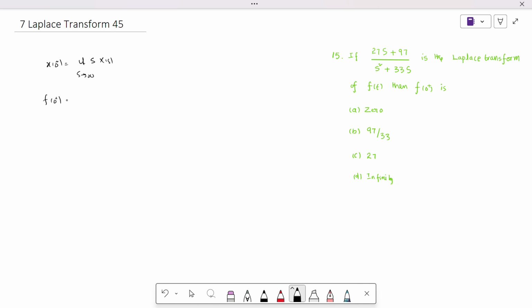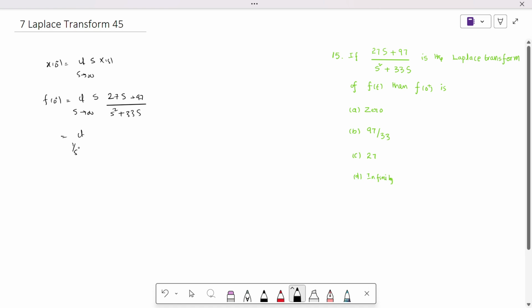Similarly, f of 0 plus equals the limit as s tends to infinity of s into F of s, where F of s equals (27 s plus 97) by (s square plus 33 s).